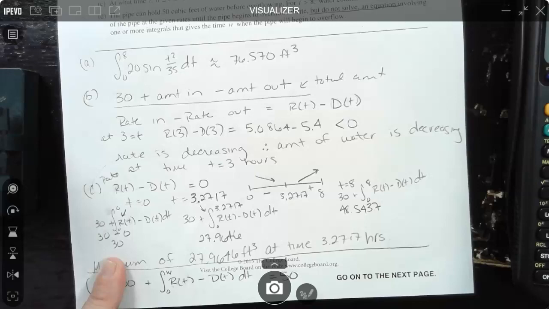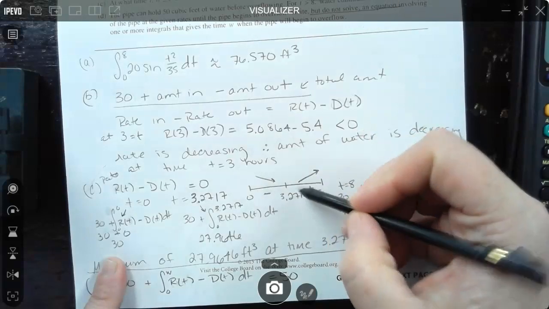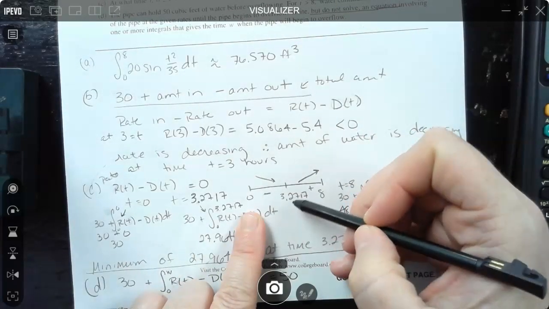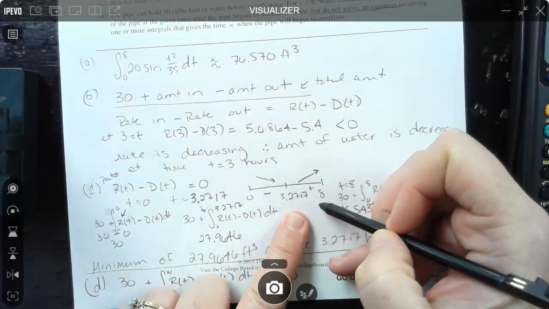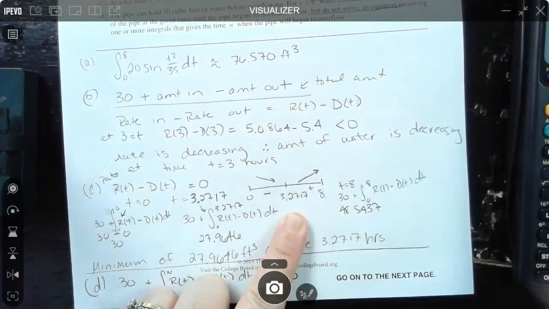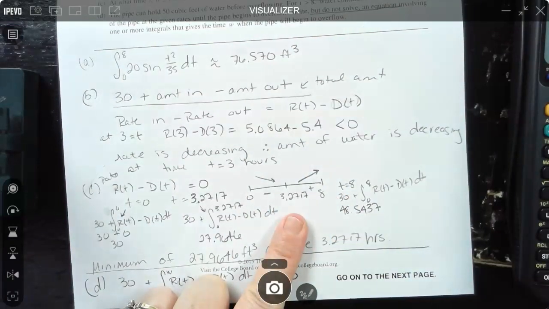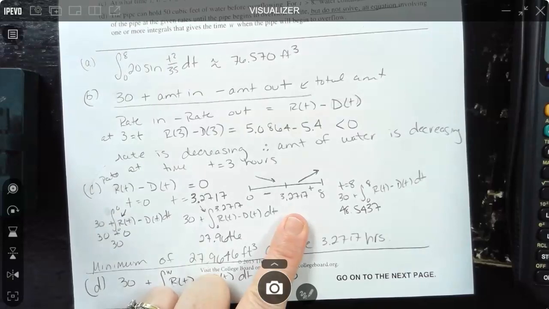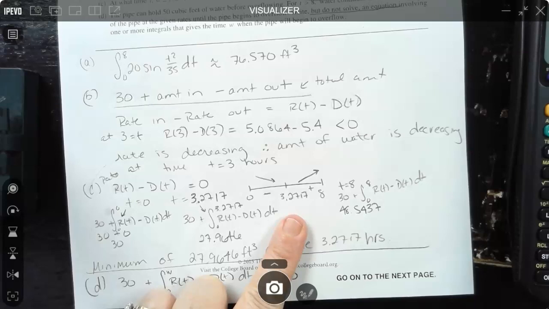Because they asked for justification, you would have to justify how you knew it. Because you don't know, technically, yes, this has got to be a minimum. Okay, let's see.